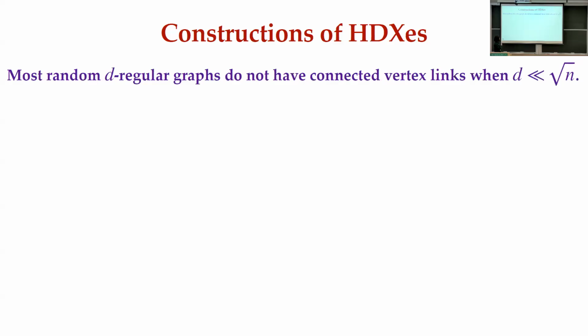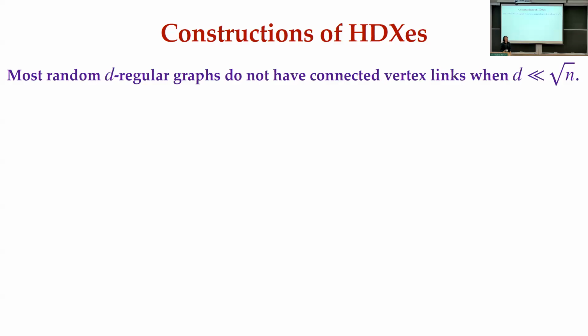So it turns out, for example, if I take random d-regular graphs, and then construct a 2-dimensional complex from it by adding every triangle as an order 3 hyperedge, then if I look at the vertex links, each is just a subgraph induced by the neighbors of a particular vertex V in the original graph.